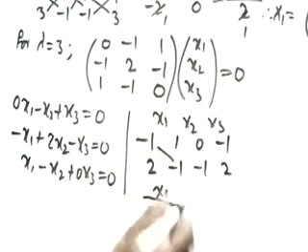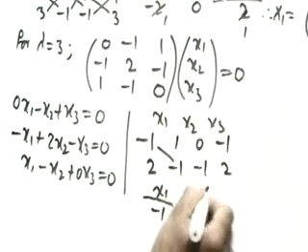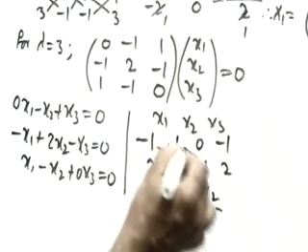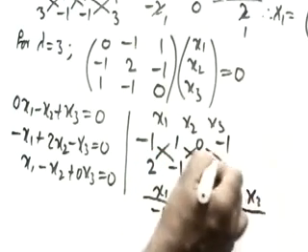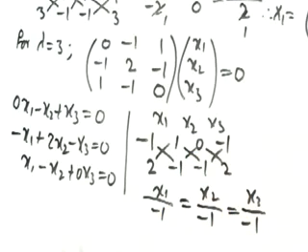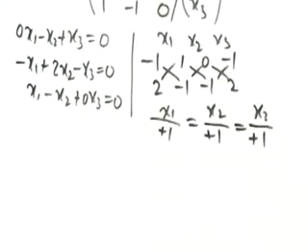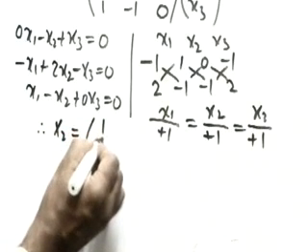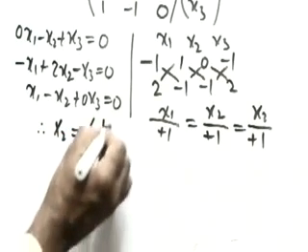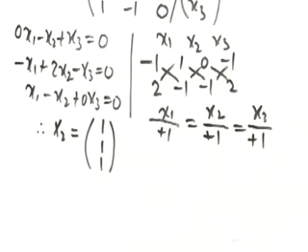So x1 divided by minus 1 is 1, 1 minus 2 minus 1, equals to x2 divided by minus 1, minus 0 will be minus 1, x3 divided by 0 minus 1 minus 1, 1 minus 2 minus 1. You can cancel this minus minus minus. So we get the second vector as 1 1 1. Therefore x2 equals to 1 1 1.